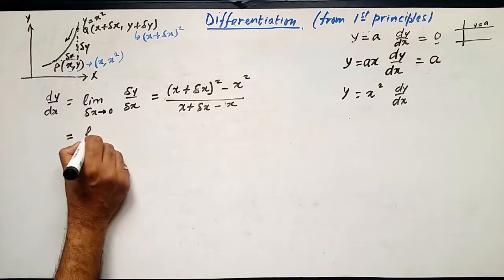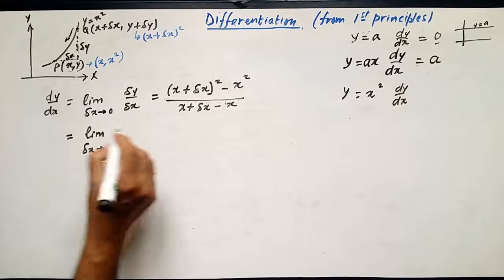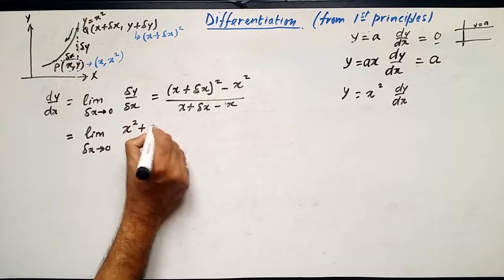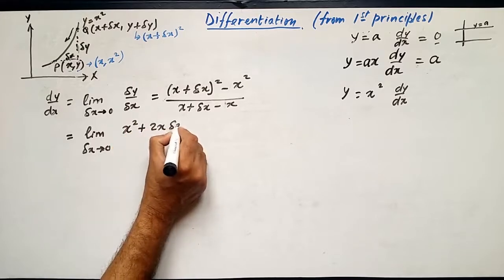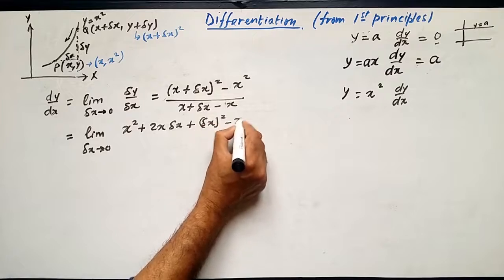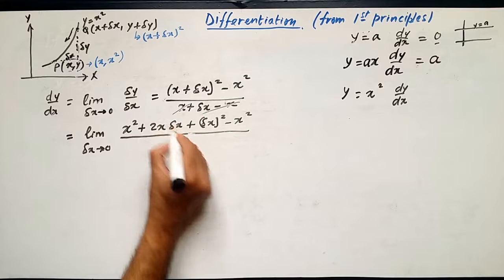So we get here the limit as delta x tends to 0. If we expand this expression, this will become x squared plus 2x delta x plus delta x whole squared minus x squared, upon delta x, and this will cancel.